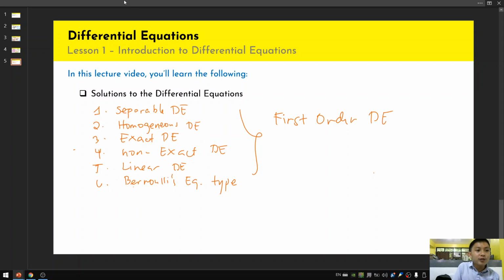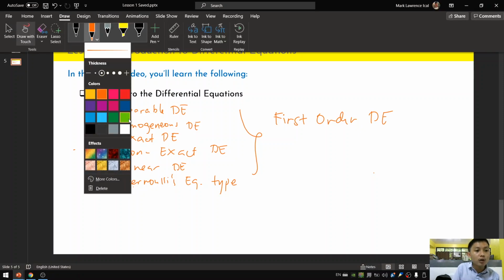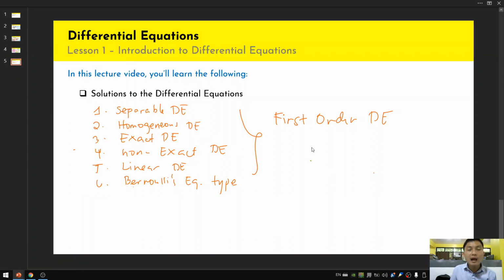Now, when we say first order differential equation, these are the differential equations with only one derivative. Okay, so puro y prime lang yan. There will be a different topic when we talk about higher order differential equations.